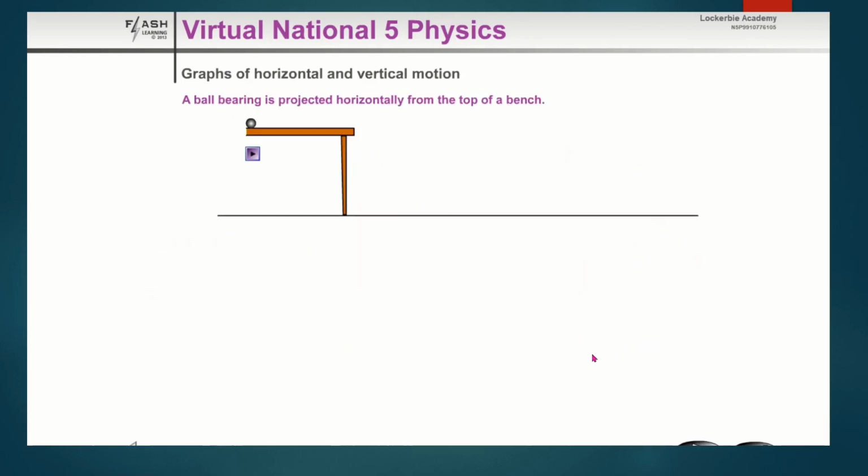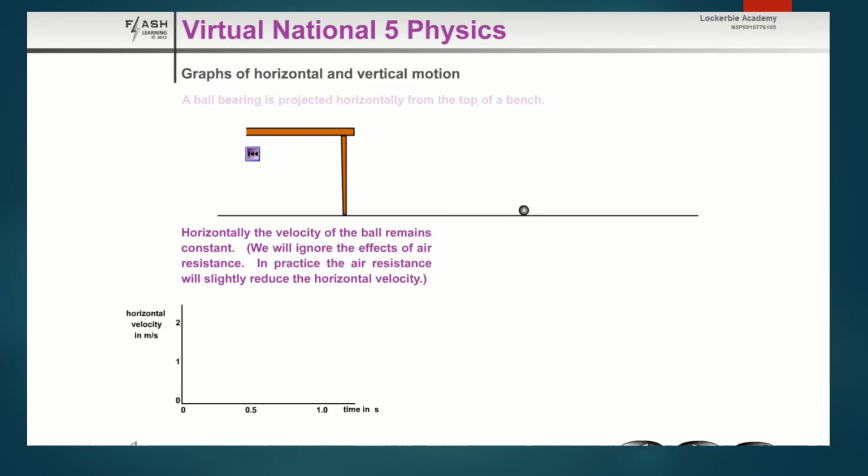Graphs of horizontal and vertical motion. A ball bearing is projected horizontally from the top of a bench. Horizontally, the velocity of the ball remains constant. We will ignore the effects of air resistance. In practice, the air resistance will slightly reduce the horizontal velocity.